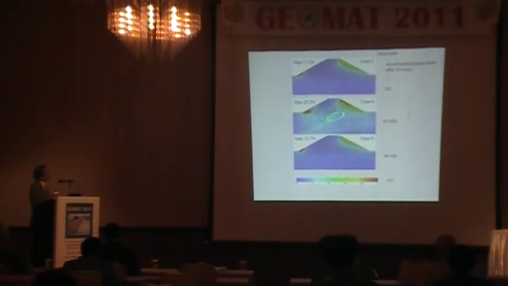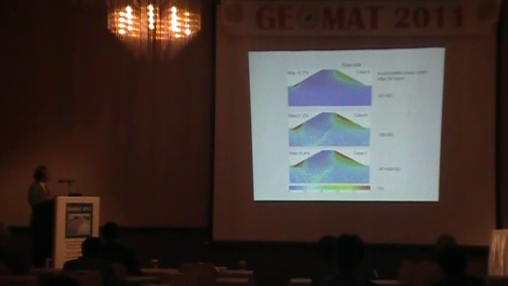In this case, we can see it's not a straight line, a little straight line, discontinuity of the degradation. And the final one, this is the same. This is case 6.